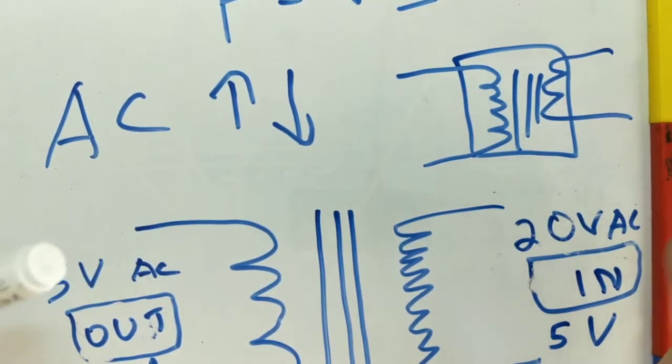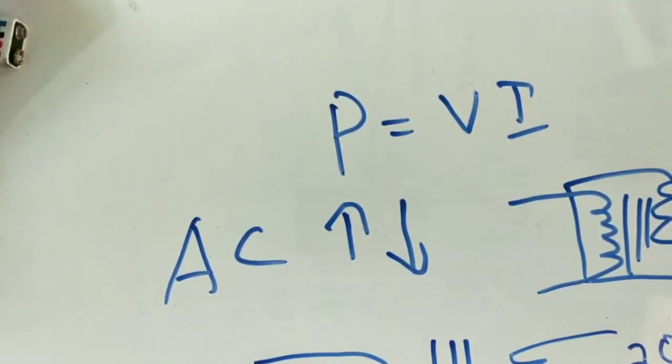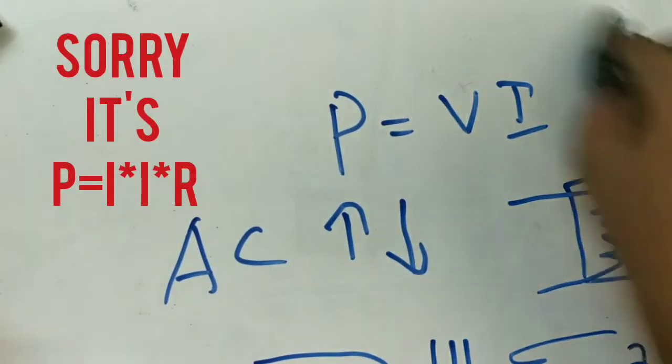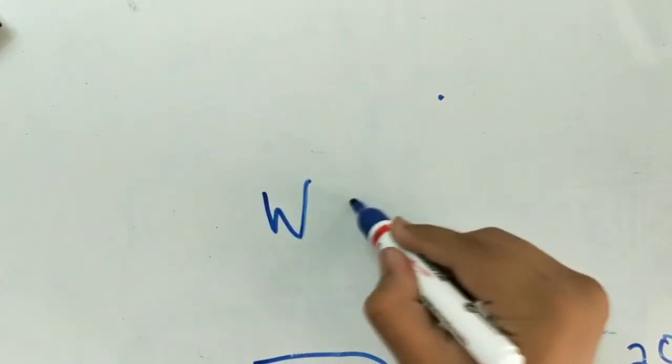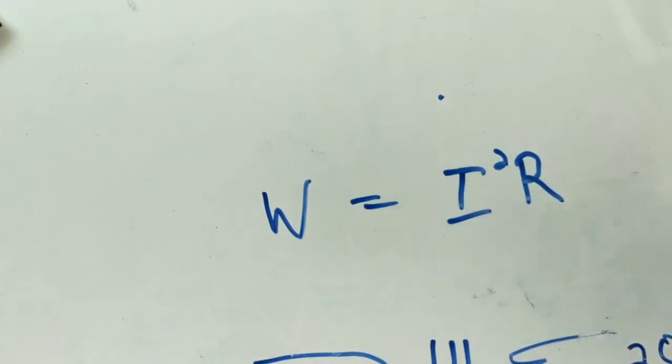So it's much easier to control AC, and the main reason is, we might have studied the formula P equal to I square RT, or no need of power, just take work. So work equal to I square RT.